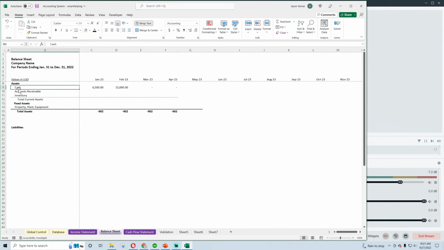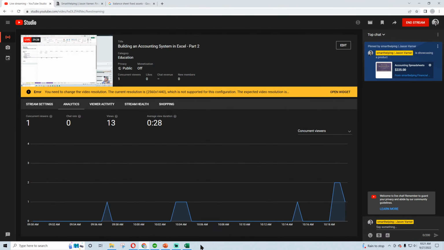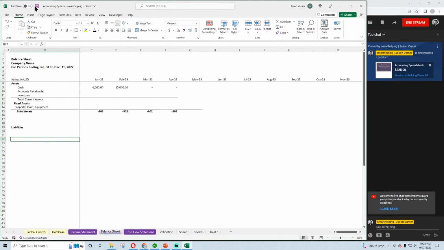Okay, these have to be in further. And the reason why you do this formatting is so you can read the subtotals correctly. So we have assets, liabilities, and we'll have owner's equity down here.